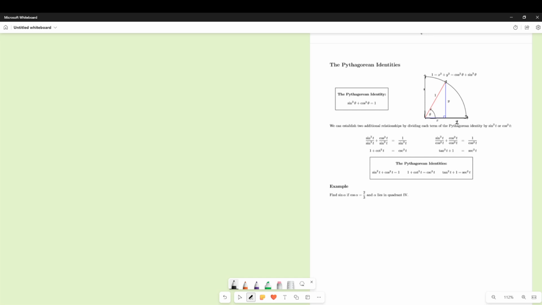So if we have a point here, x y, on a circle of radius 1, and we'll use this circle of radius 1 for a lot of examples, then we know this triangle has to live in that circle. So we know that our x squared plus our y squared had better equal that 1.